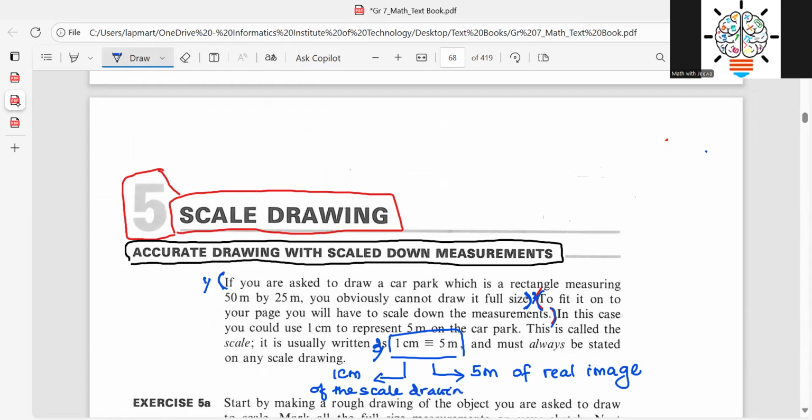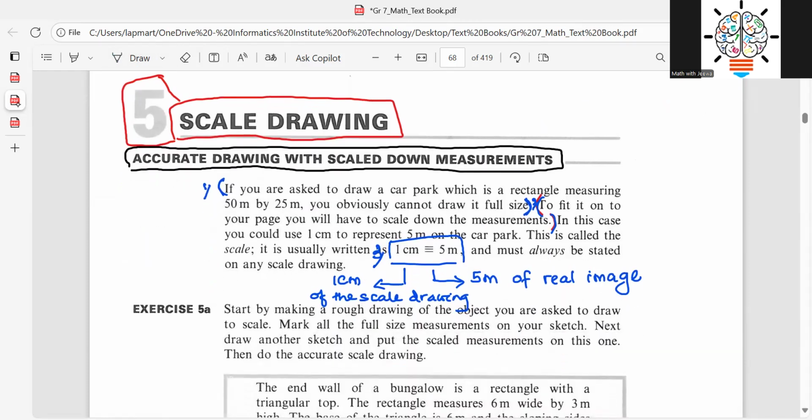This is what you want to write. Then every 1 centimeter represents 5 meters. Simply, every 1 centimeter represents 5 meters of the real image.